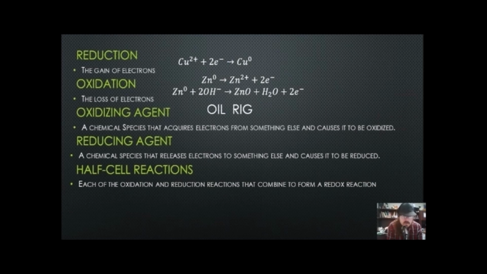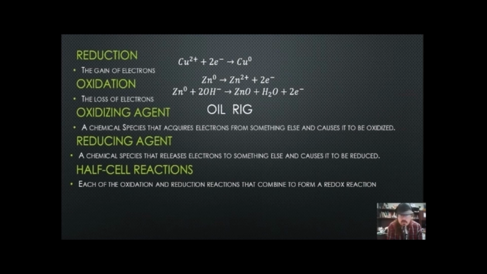All these need to be put together to make the redox reaction. But if we split each into the oxidation step and the reduction step, we can split these into essentially 2 half-cell reactions, each of the oxidation and reduction reactions that combine to form the total redox reaction.